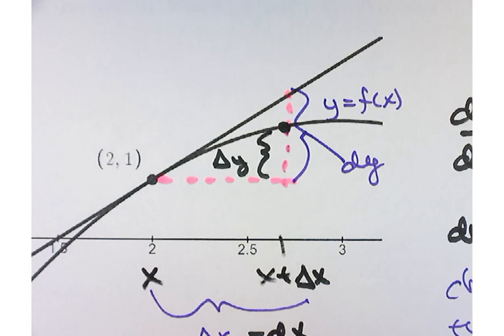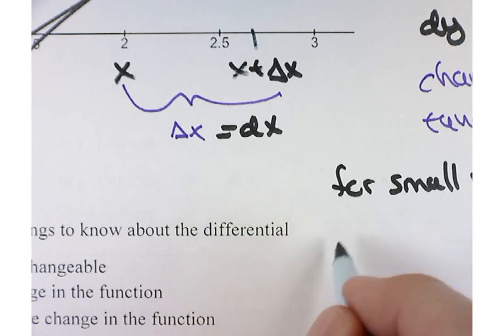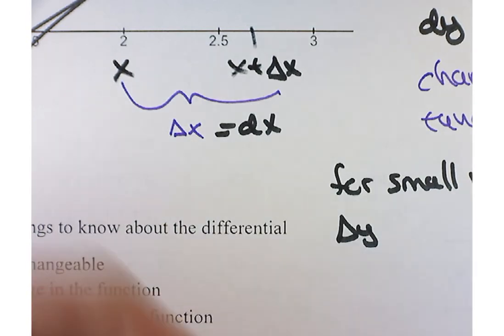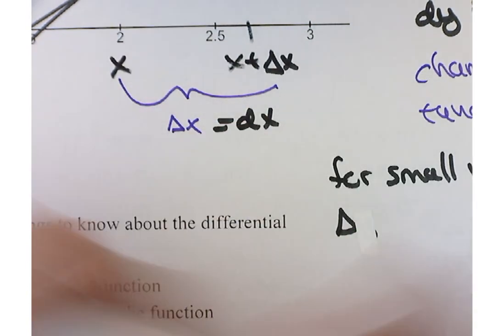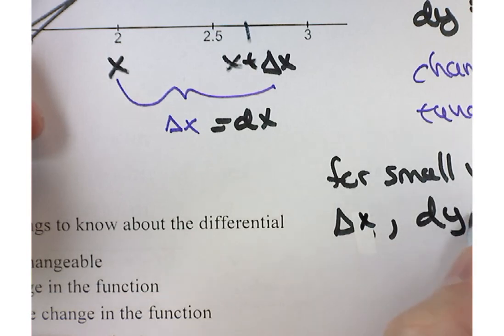So for small values of delta x, not delta y, for small values of delta x, dy is approximately delta y.